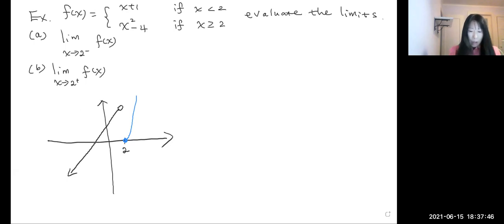All right, so let's take a look from the left first. So I'm standing here. I am going from the left until 2, approaching 2. So what's the y value? Oh, let me write down.